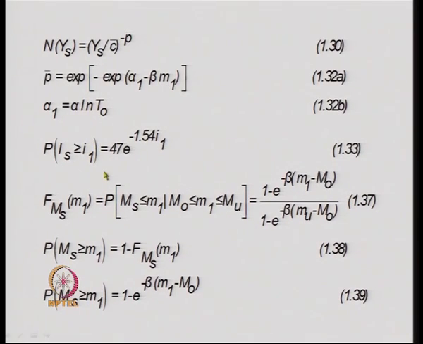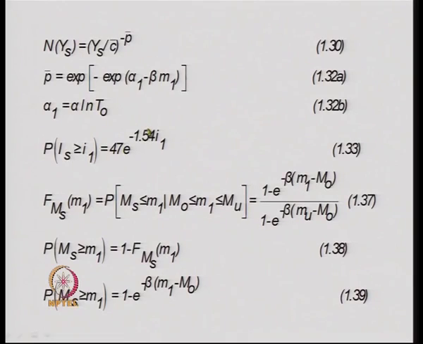Again, this is an empirical equation, all of them are empirical equations. Here the values 1.54 and 47 are obtained for a particular region. Say if the data is from the United States, so for some region in USA, these particular values are valid. For other regions, one has to calculate the appropriate values of these parameters.